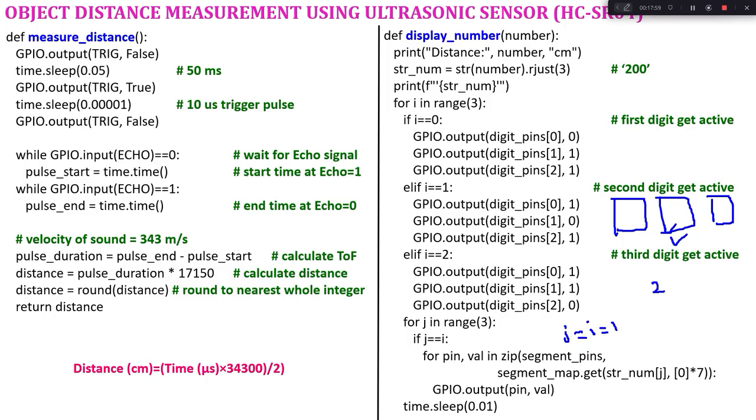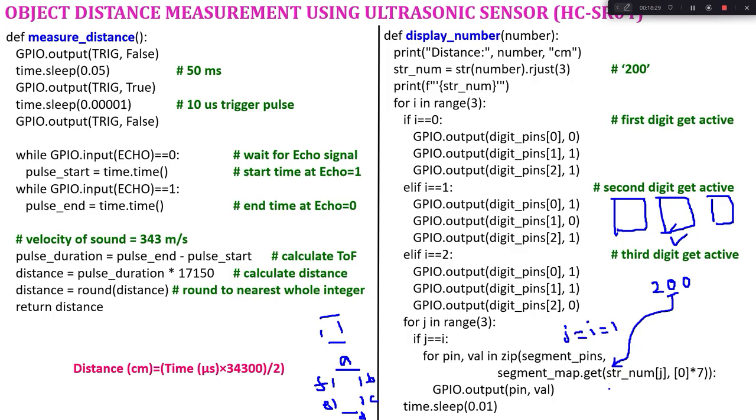So when I have a value 200, the second digit. So the second digit value gets obtained here. So here what we will get? To get a 0, I should have these segments to be active. A, B, C, D, E, F. Right.